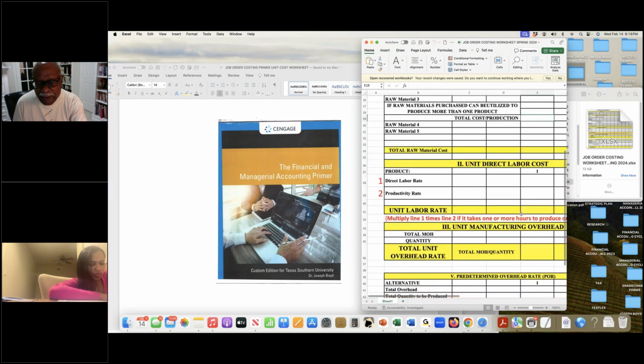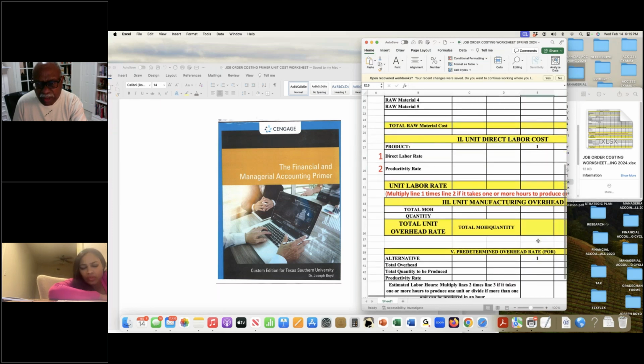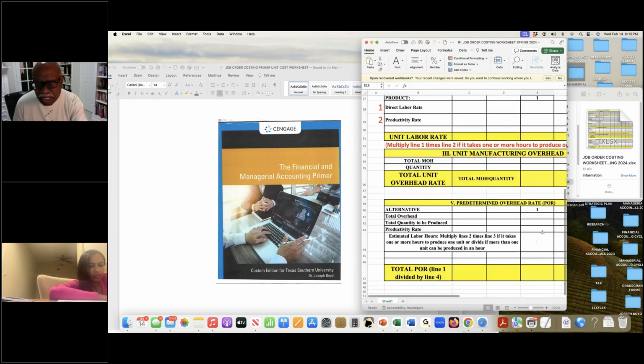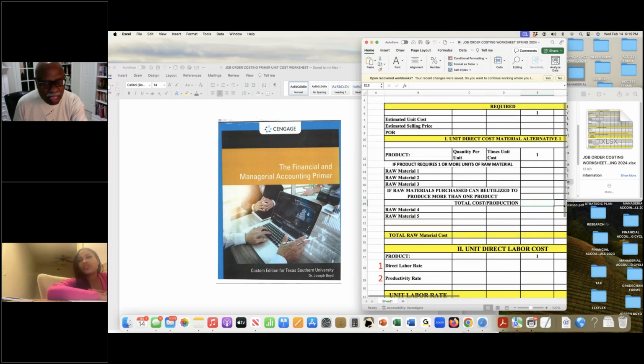Then we have the manufacturing overhead, all the other costs that we have to somehow get in here on a unit basis. And then there's another item we calculate, which is the predetermined overhead rate, to come up with a journal entry that we utilize when we make our journal entries. So those are the three items: unit cost, selling price, and POR.